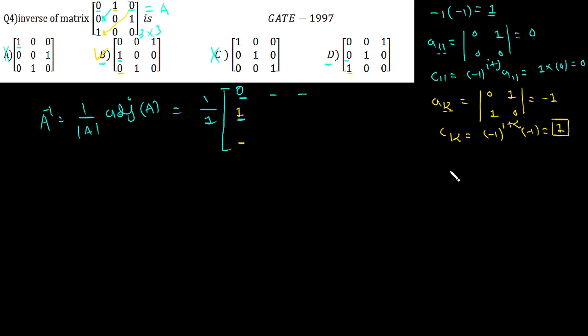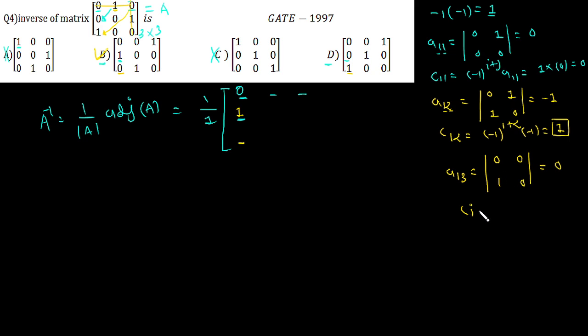So let's find the cofactor of this a13 element to find this element. So here let's delete this first row and this last column. So we end up with again a 2 cross 2 determinant 0, 0, 1, 0. Let's find the determinant. What we get is 0.